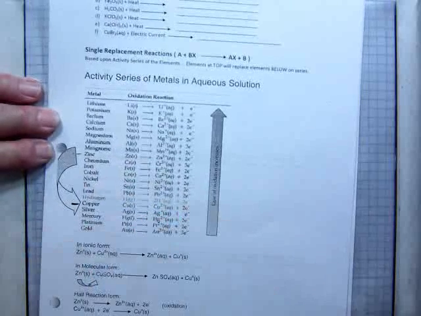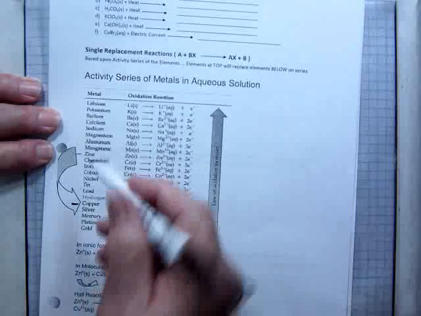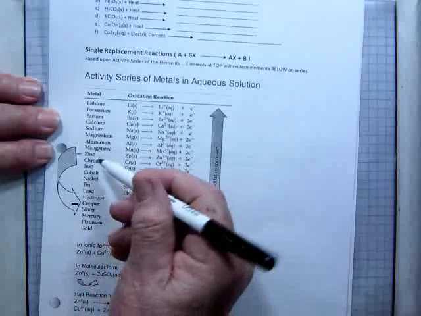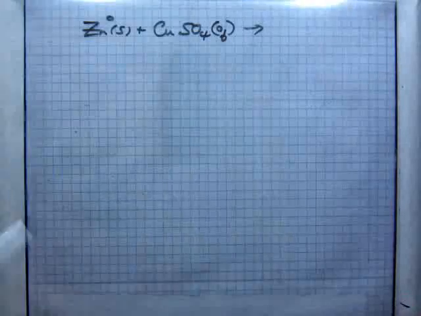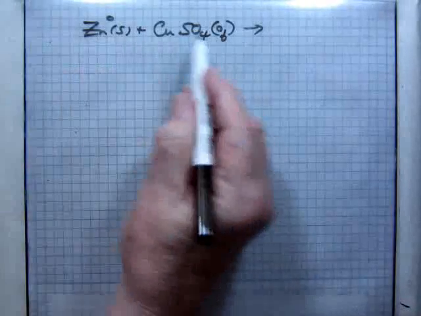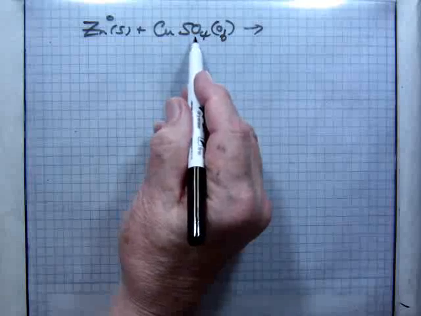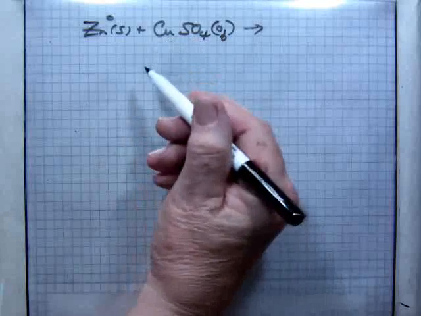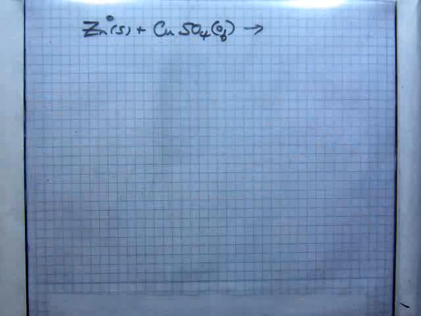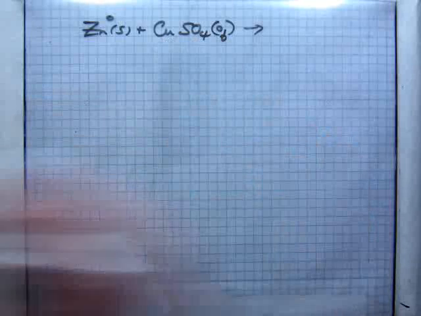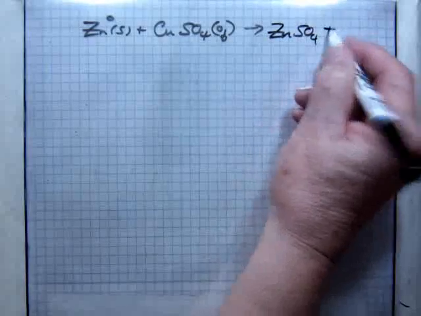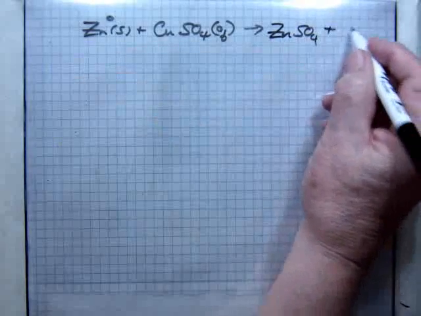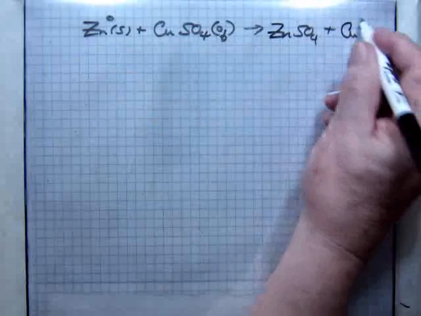As in the textbooks, they define this as a more active metal replacing a less active metal. Another way to look at that is zinc prefers to be connected to SO4 more than copper does. Either way, whatever helps to understand the concept. But this goes to zinc sulfate plus copper in its solid form.